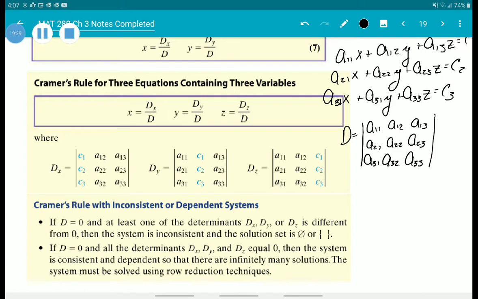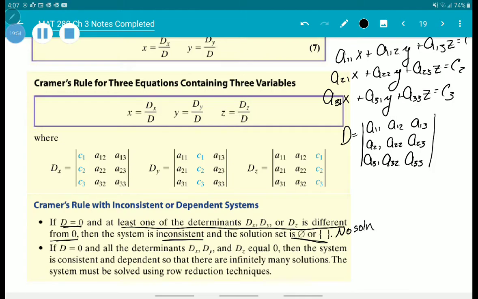So let's look at what would happen with Cramer's rule. If D is equal to 0 and at least one of the determinants is different from 0, then the system is inconsistent, which means no solution. So we could write empty set, or we could write the empty brackets, or we could just say no solution.